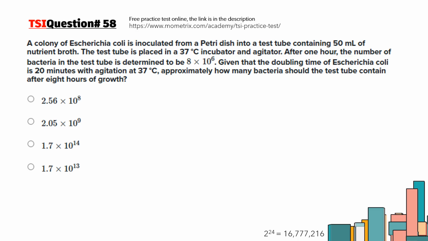After 1 hour, the number of bacteria in the test tube is determined to be 8 times 10 to the power of 6. Given that the doubling time of Escherichia coli is 20 minutes with agitation at 37 degrees Celsius, approximately how many bacteria should the test tube contain after 8 hours of growth?